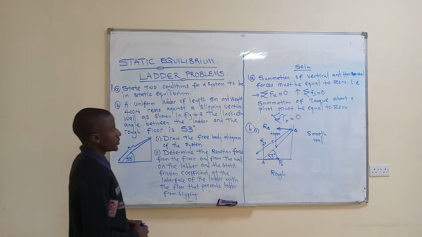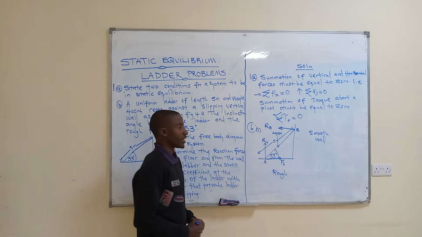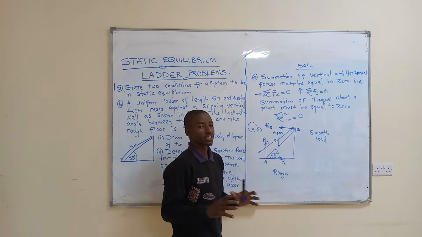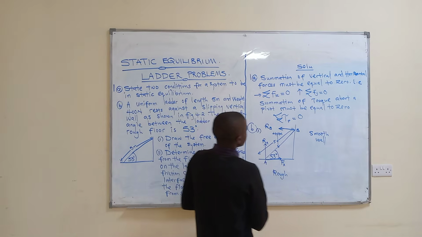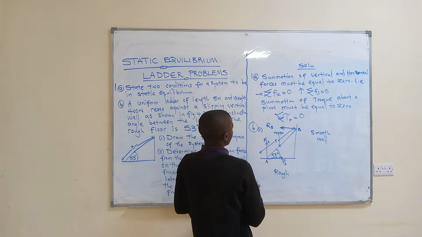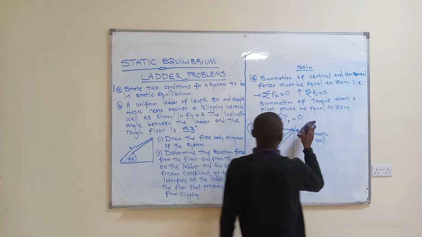So what you are going to do is abide by the conditions that make an object to be in static equilibrium. So let me just move the top part to create space.